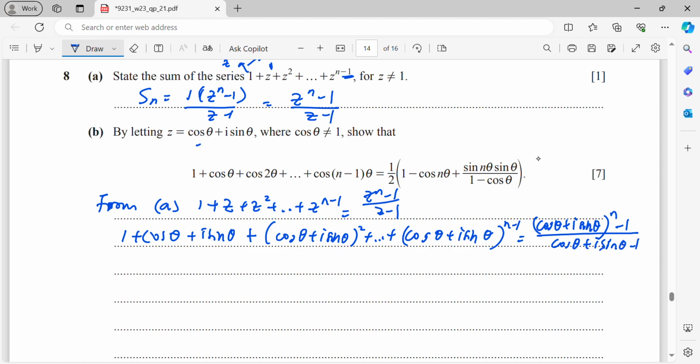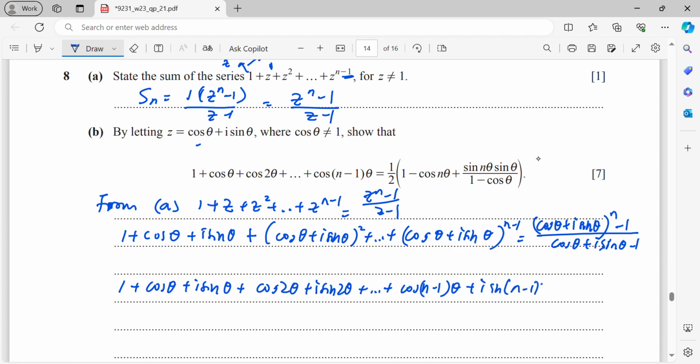Okay, then this is from De Moivre's theorem. I get 1 plus cos theta plus I sin theta plus cos 2 theta plus I sin 2 theta, then plus cos n minus 1 theta plus I sin n minus 1 theta.